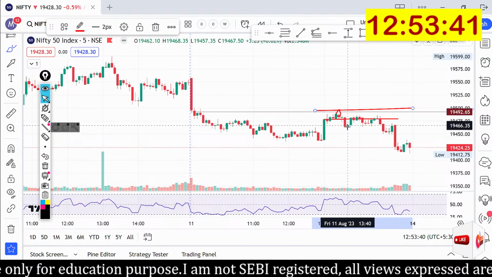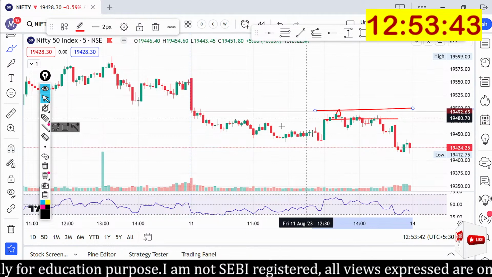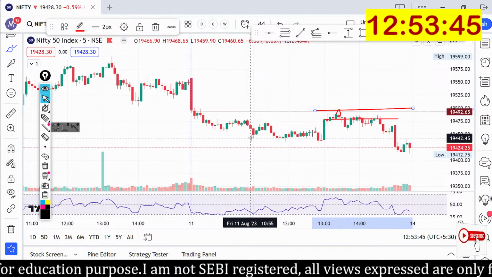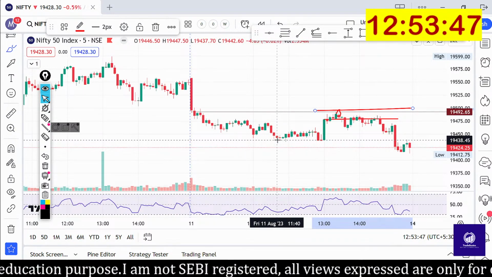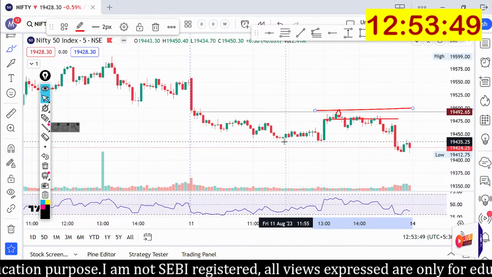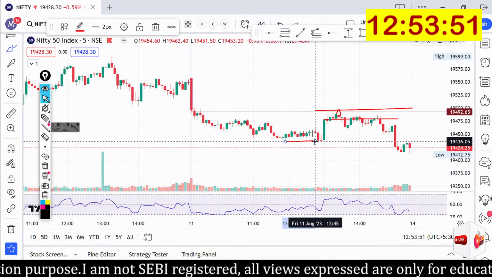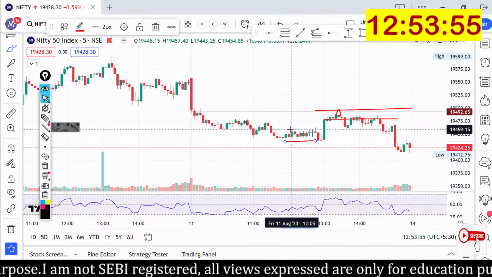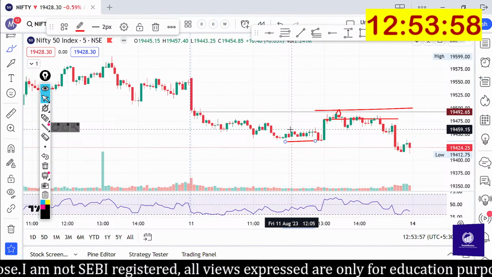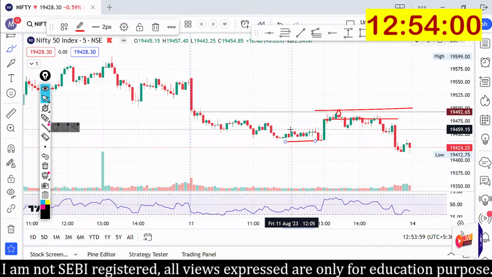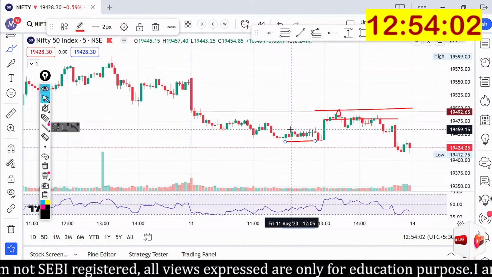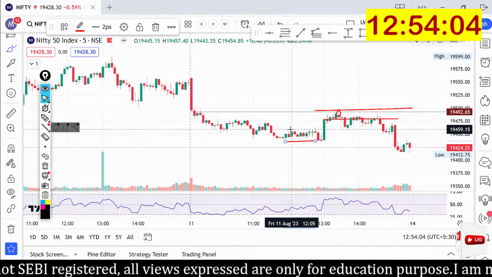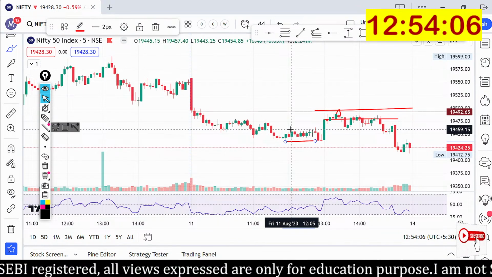Now yesterday option premiums did not move that much, right? Whatever option premium I had closed my position at was somewhere around this level. Okay, so I got 179 on a put, the 19,600 put. I got 179, and the high of that put was 179.80. Okay, I closed it.